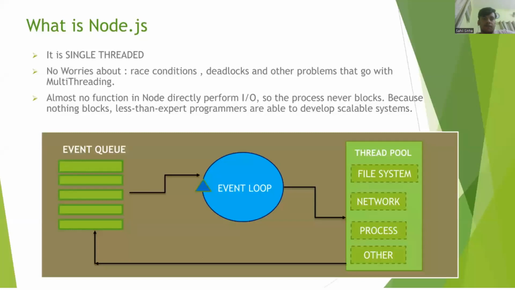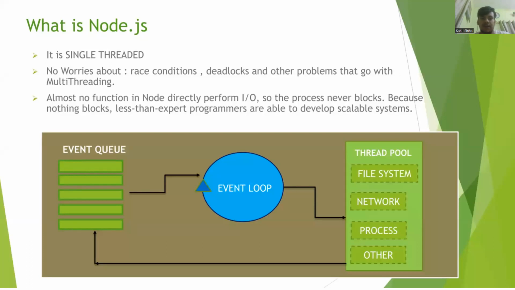So what is Node.js? Node.js is a cross-platform open source server environment. It is single-threaded, meaning your code will work on only one task, so there will be no worries about race conditions and deadlocks.